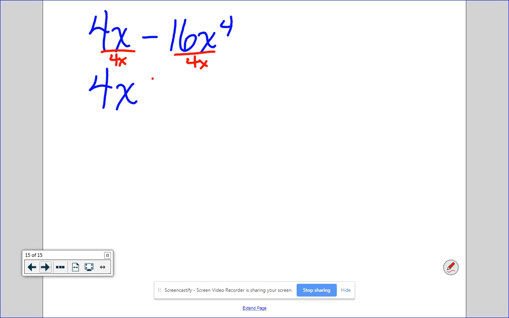I divide this by 4x. 4x divided by 4x is just 1. 16x to the 4th over 4x is 4x to the 3rd. And if all I asked you to do was factor by GCF, you'd be done. Does that make sense? What we did there? We've done that before, yes? Okay.